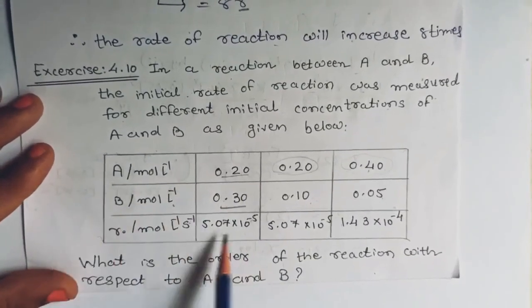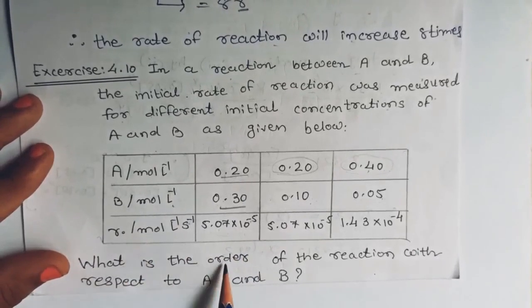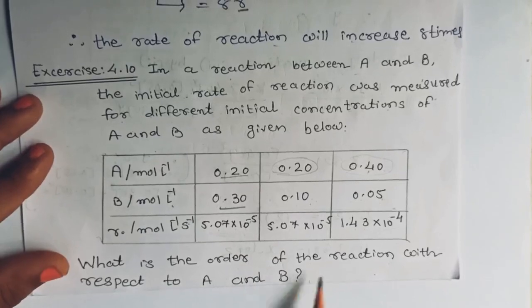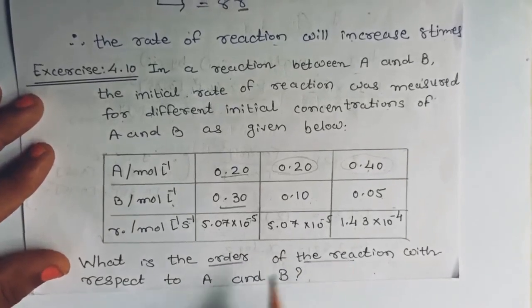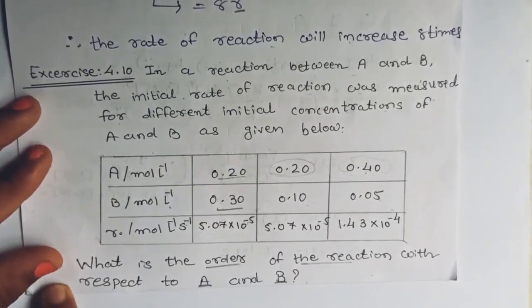From this given data, we have to calculate the order of the reaction with respect to A and with respect to B.